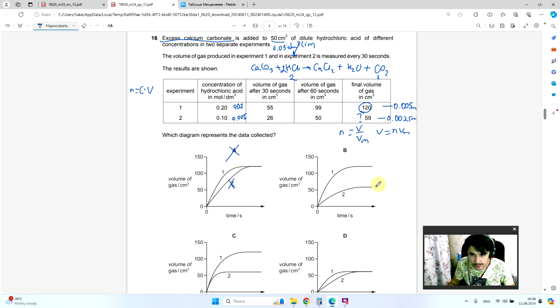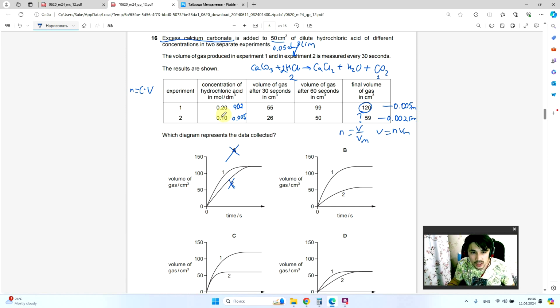So look at option B. So the volumes are pretty fine. So now let's check the slope of the curve that describes the rate of reaction. So if you remember, rate is higher when you have higher concentration.